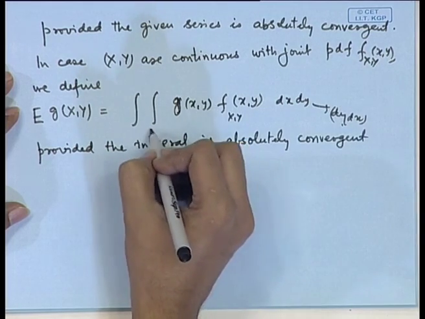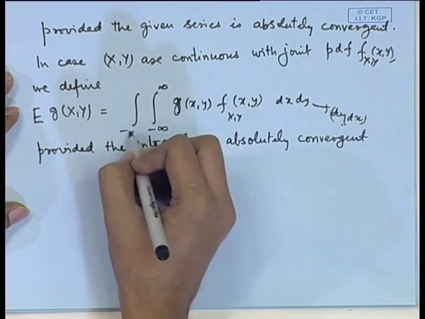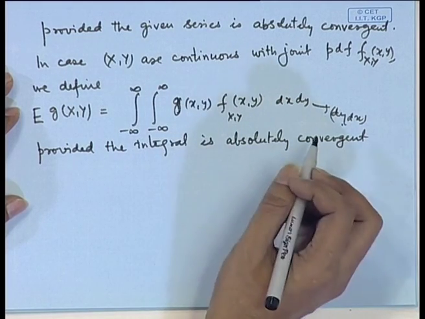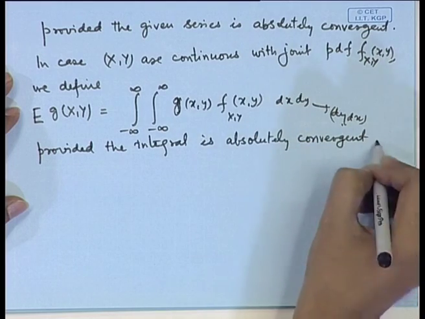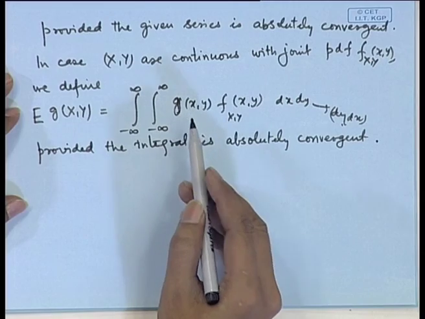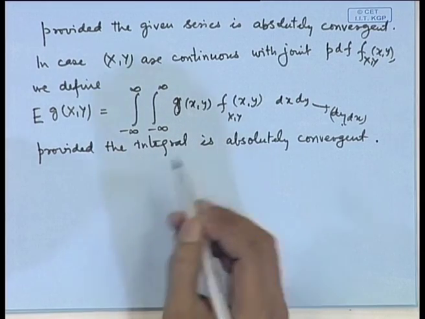Here the range of integration is over the range of the density, whatever be the appropriate range of the density here. So, in particular, given random variables X, Y, we can define expectation of X plus Y, expectation of X minus Y, expectation of log of x squared y, any type of function of the random variables X and Y, we can find out its expected value.